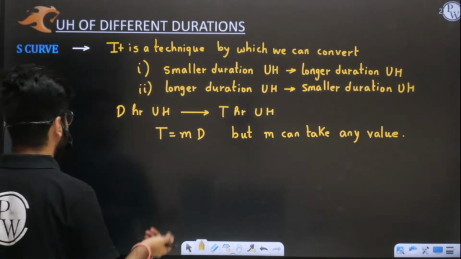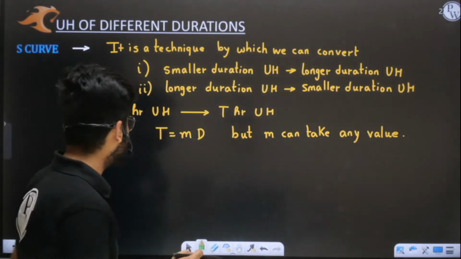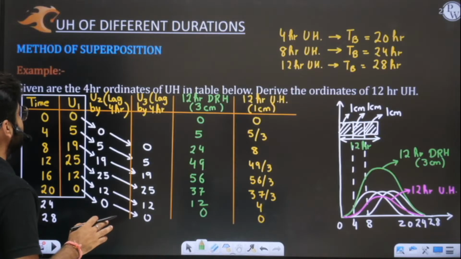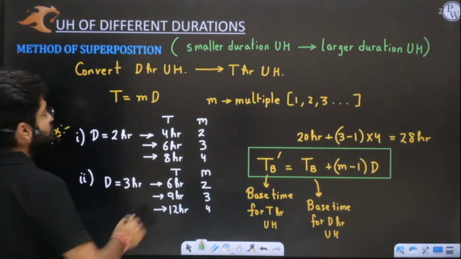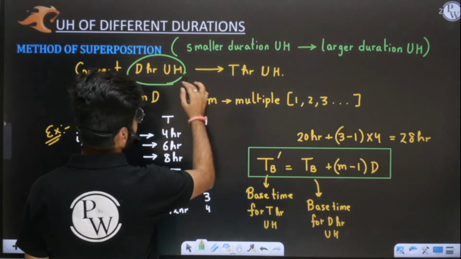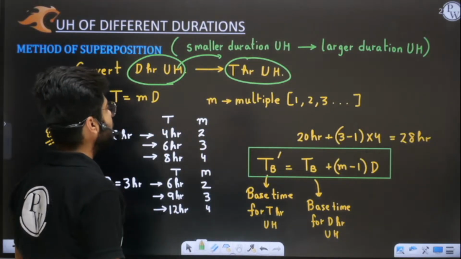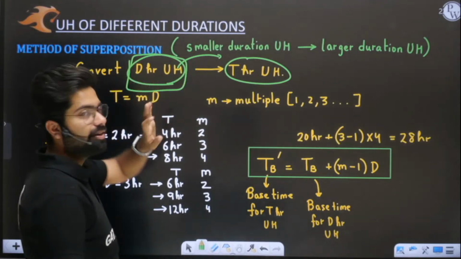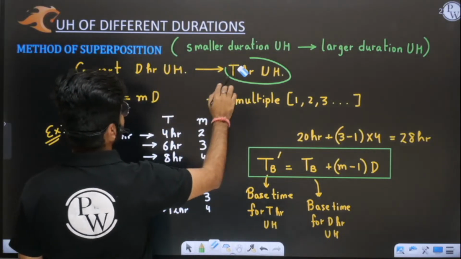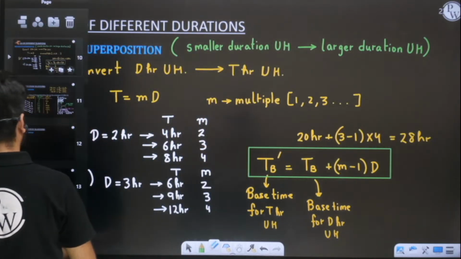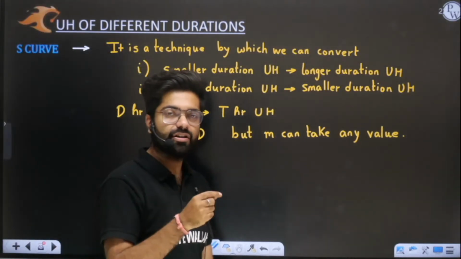Now what exactly is the S curve? First we need to understand how we draw it. In a question, when you have to convert a dr unit hydrograph into a tr unit hydrograph, the dr unit hydrograph will be given to me. With the help of that dr unit hydrograph, I will first draw the S curve.